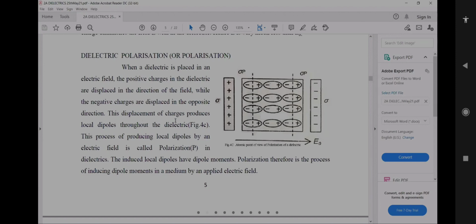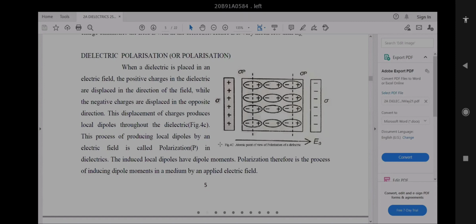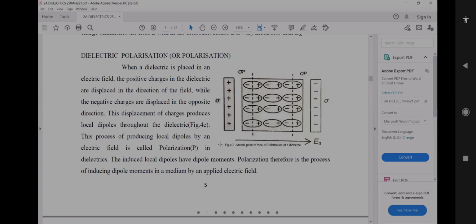This displacement of charges produces local dipoles through the dielectric, which is shown in figure 4c. This process of producing local dipoles by an electric field is called polarization and is denoted by the term P.